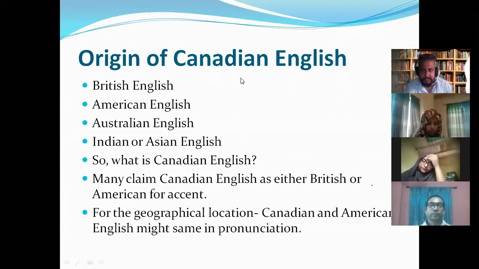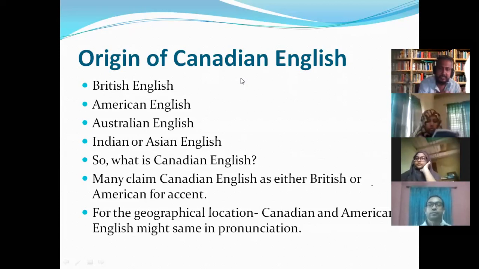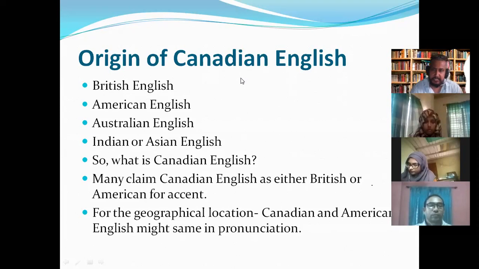Both of them are correct, because Canadian English has a heritage or historical past with British settlers and also Canadian settlers. And also because of the geographical location, Canada and America are neighboring countries, so Canadian English will have similarity with American English as well.